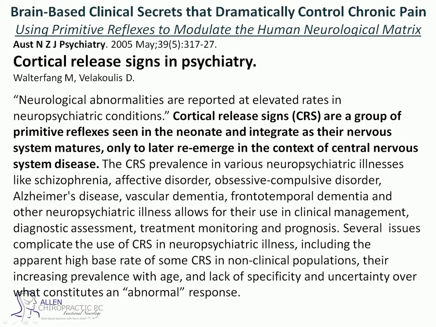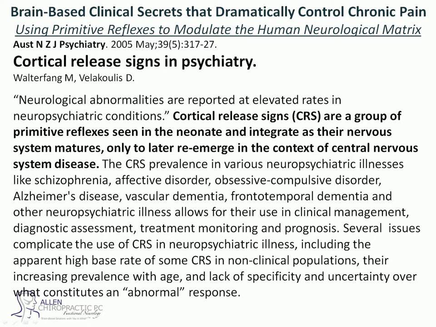Continuing, their increasing prevalence with age. Stop again. As age continues and as the primitive reflex display breaks down, we will see an increased prevalence of these cortical release signs with age. Continuing again, the lack of specificity and uncertainty over what constitutes an abnormal response.